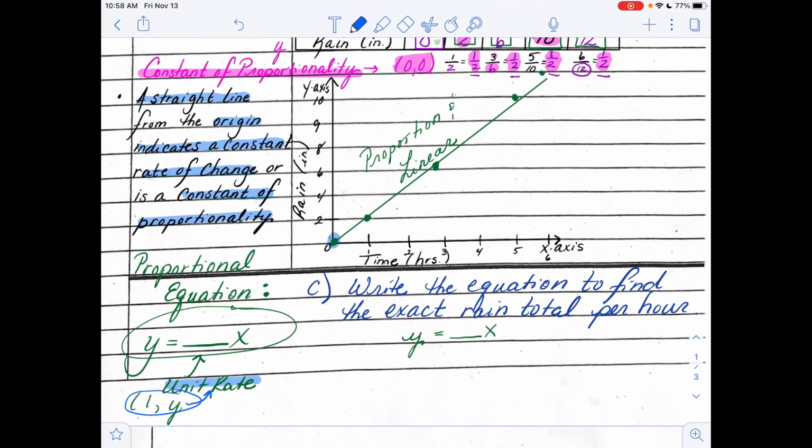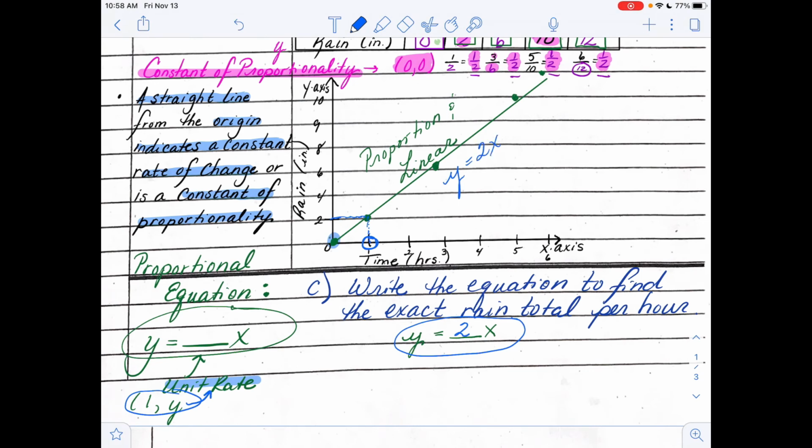So here's x is 1. When x was 1, where did it hit the y? It hit it at 2. 2 is my unit rate, and 2 is also what gives me the equation of y equals 2x. This is the equation of that line.